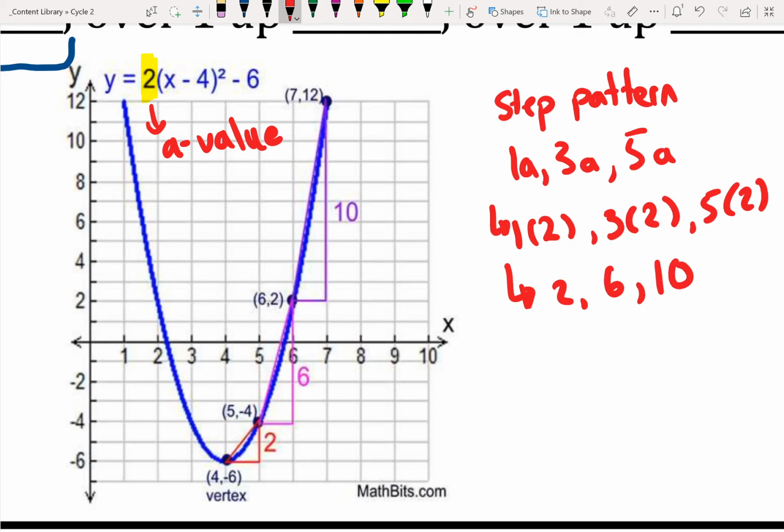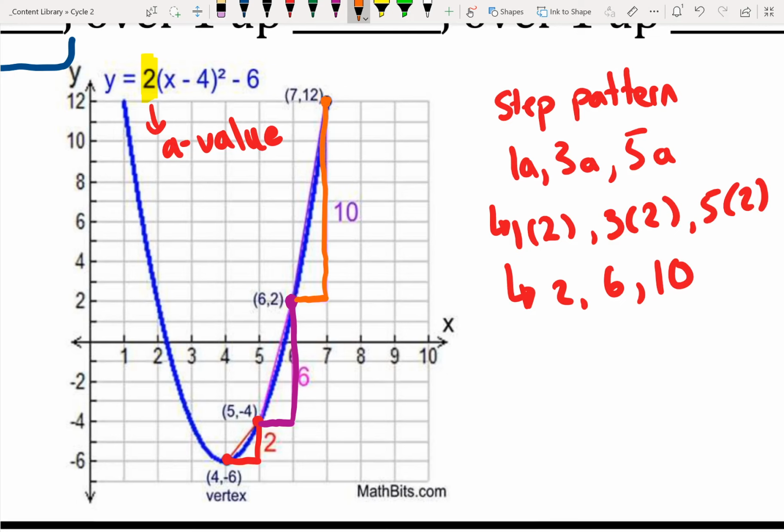So looking at my step pattern, or it's already graphed out here, I start at the vertex, I go over 1, and I go up 2. So that's my next point. From there, done in purple, I go over 1, my next step is 6, so I go up 6 to my next point. And finally, my last one, I go over 1 again, it's always over 1, and this time I go up 10, because 10 is my third step.